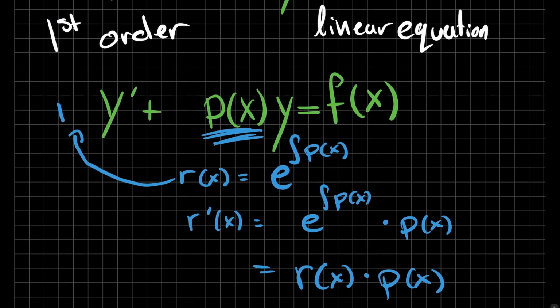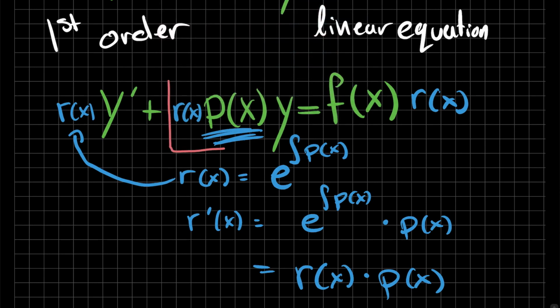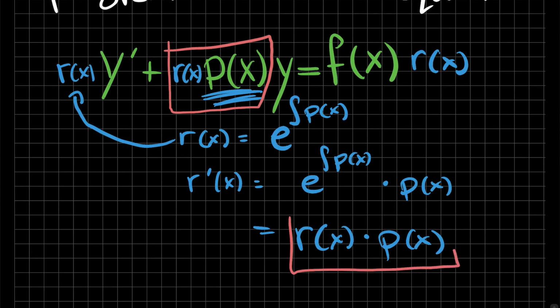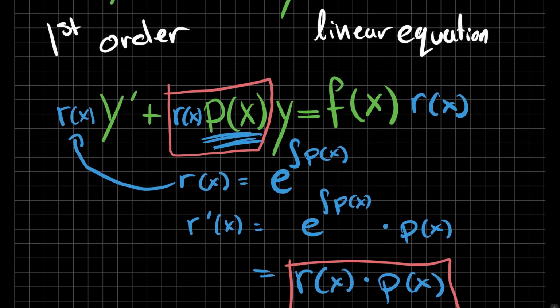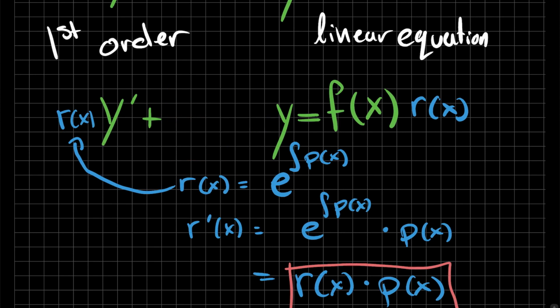So here we have r of x, here we have r of x, and here we have r of x. Now notice this here in the box. This here is exactly the derivative of r. So let's go ahead and erase that, and instead we write the derivative of r. So now on the left, what do we have here?